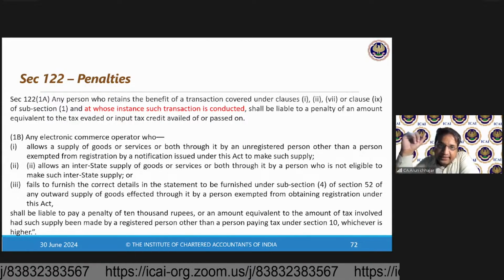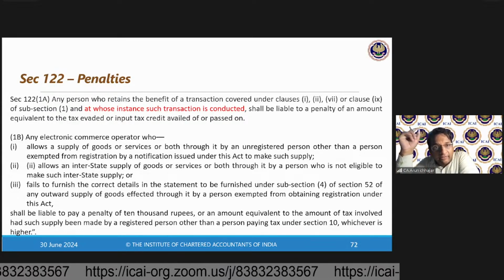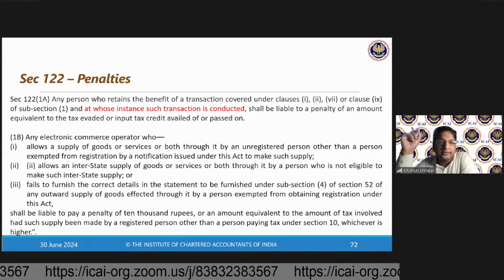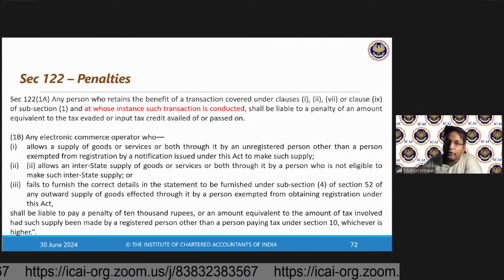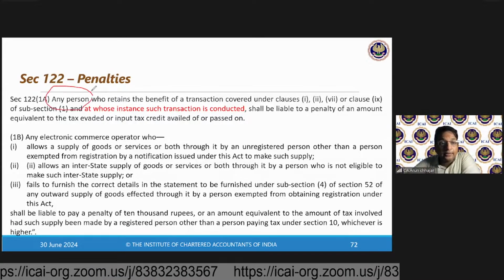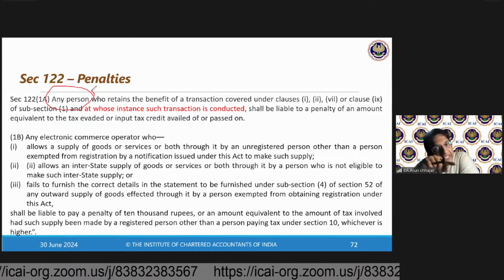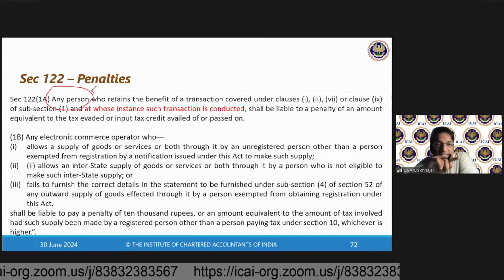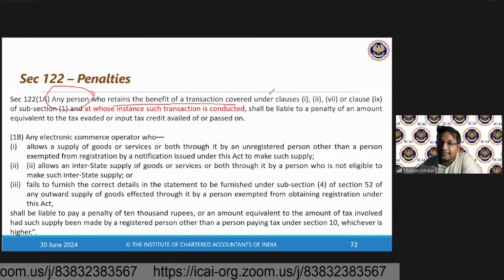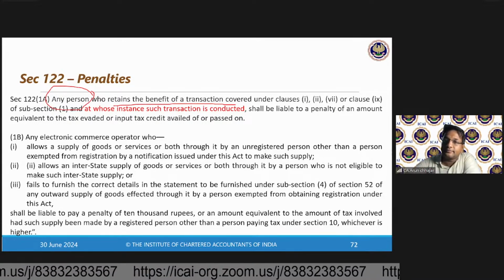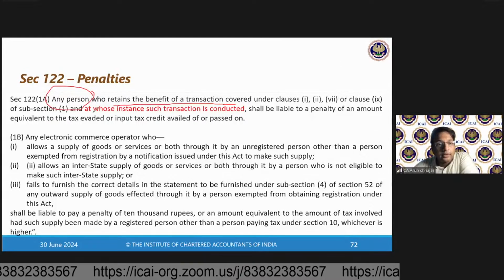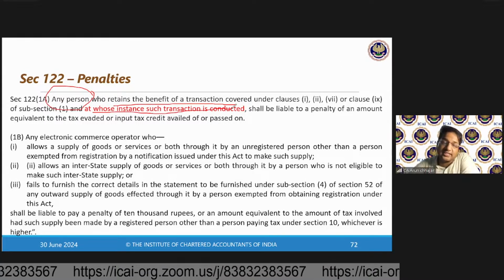Section 122(1)(a) was inserted to impose the penalty on the mastermind. Therefore, section 122(1)(a) starts with the words 'any person'. It means this penalty can be imposed even on an unregistered person who retains the benefit of the transaction, covered under some clauses which you can refer to, and at whose instance the transaction is conducted.